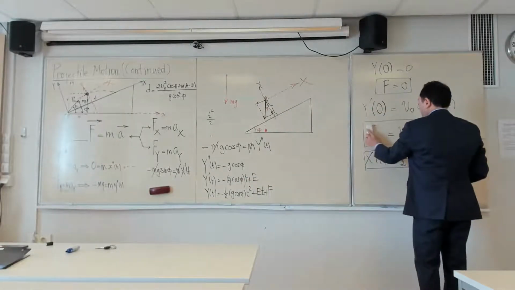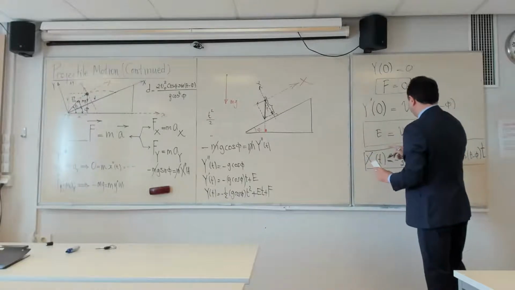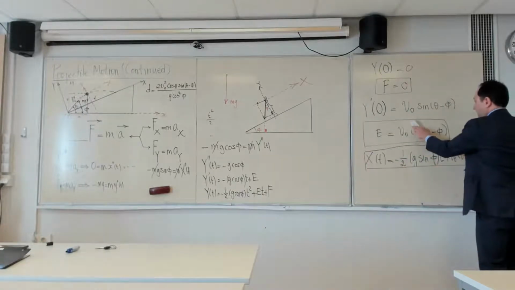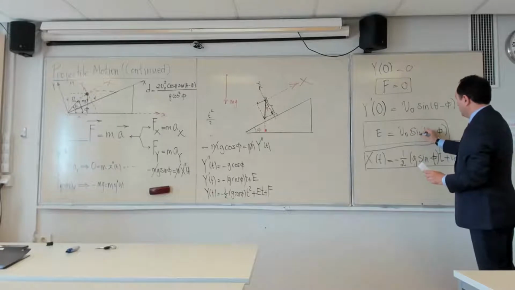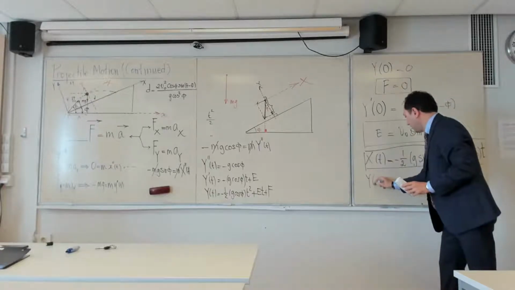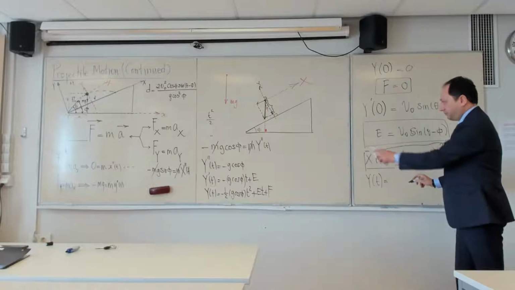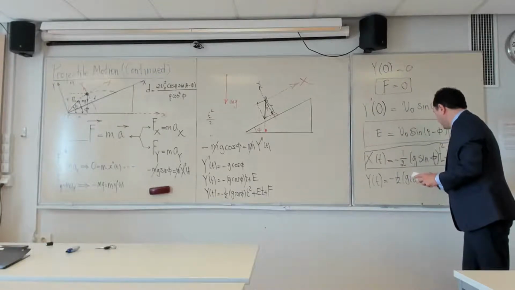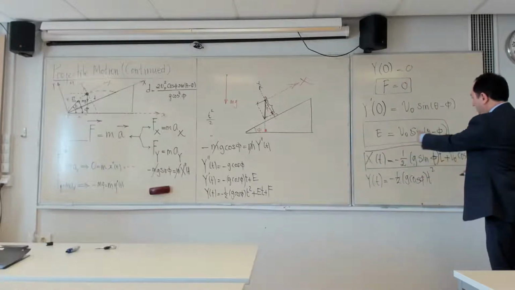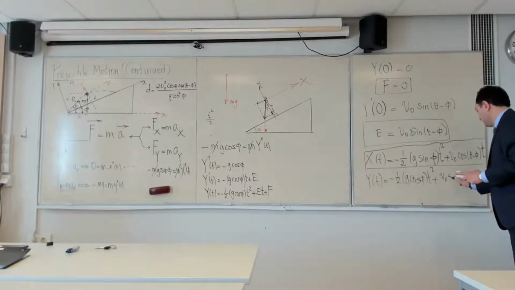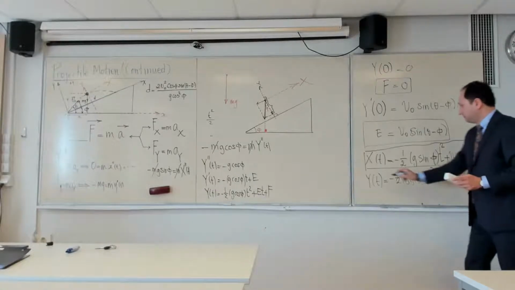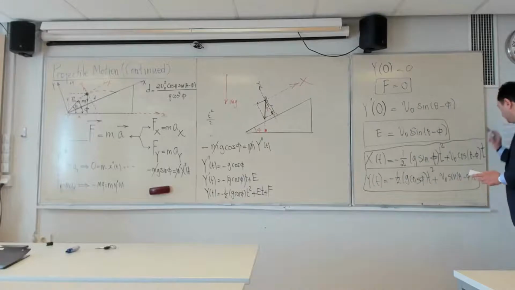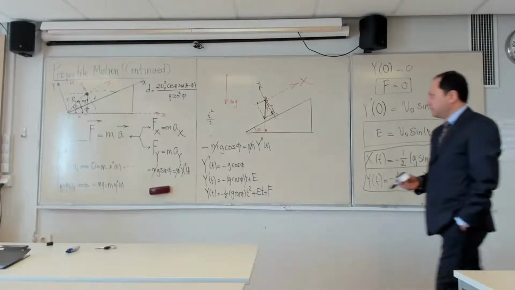So this means that my e is this. This is my e. And then let me write everything below here. So y of t is equal to minus 1 over 2 g cosine phi t squared, and then e is this guy. And that's it. Yes? Understandable?